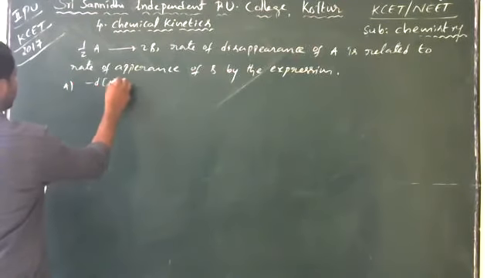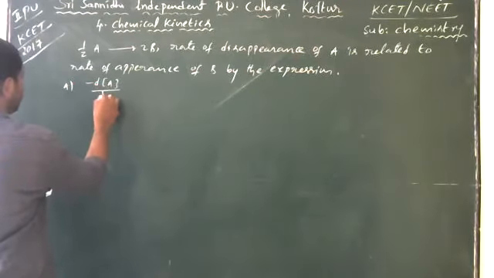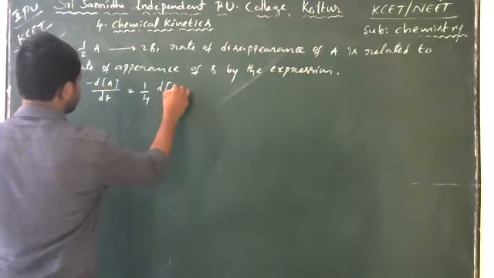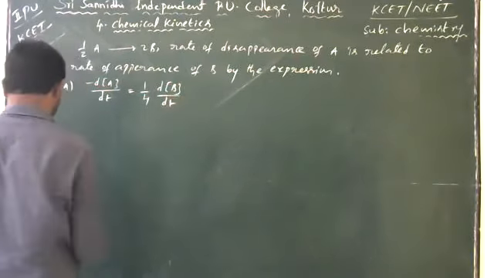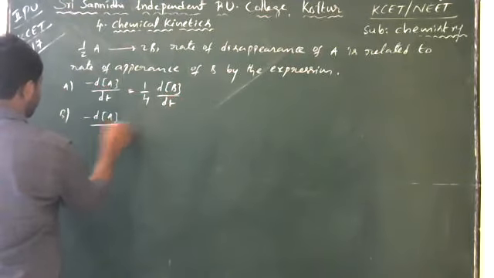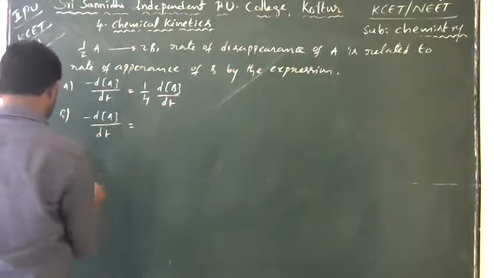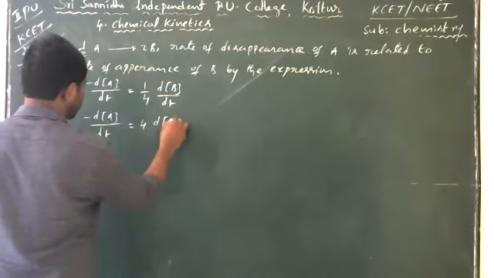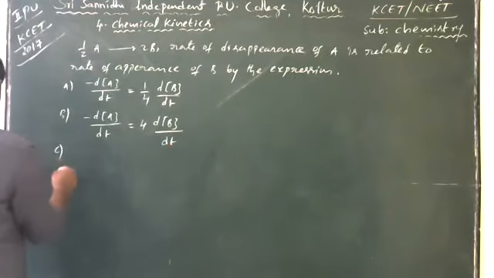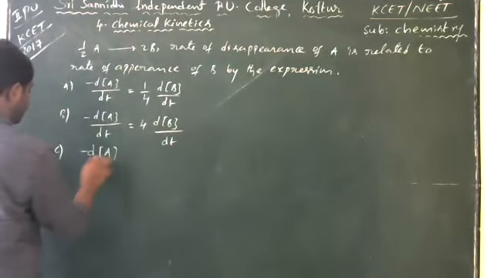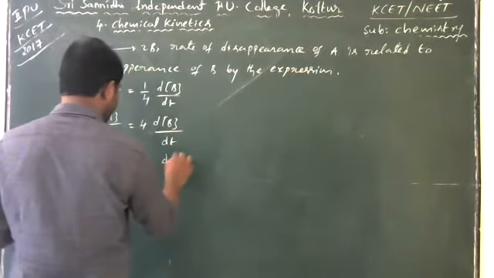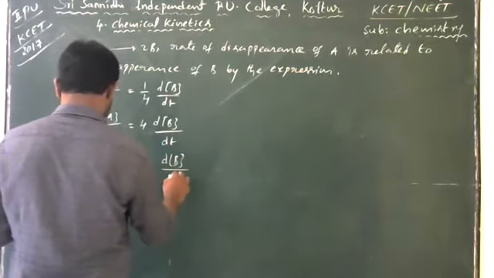Option A is minus d concentration of A divided by dt is equal to 1 by 4 d concentration of B divided by dt. Option B is minus d concentration of A divided by dt is equal to 4 d concentration of B divided by dt. Option C is minus d concentration of A divided by dt is equal to 1 by 2 d concentration of B divided by dt.